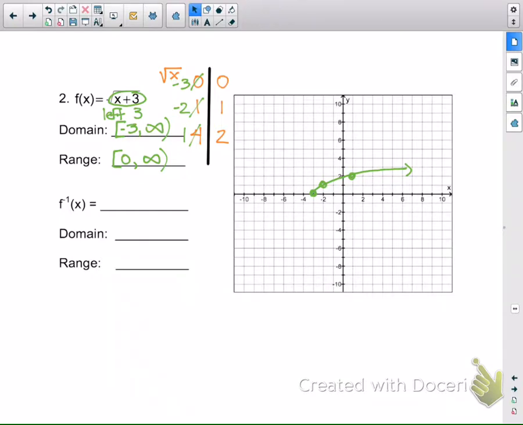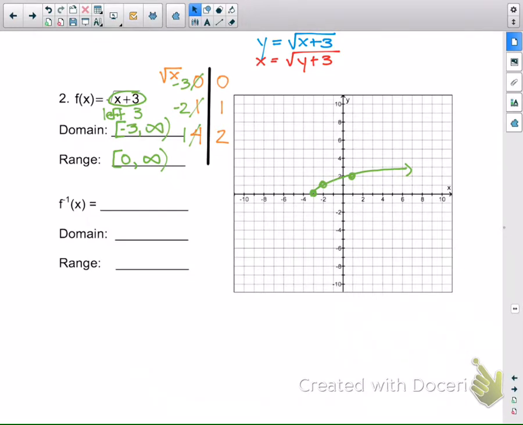So algebraically speaking now, to find my inverse, I write my equation as y equals the square root of x plus 3. What's step 2 in finding my inverse equation? Switch my x's and y's. That becomes x equals square root of y plus 3. Step 3 is solve for y. How do I get y by itself?